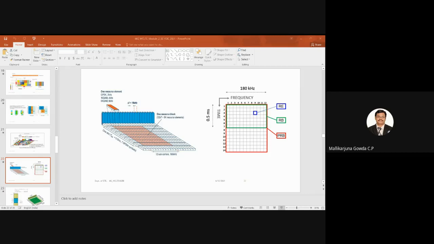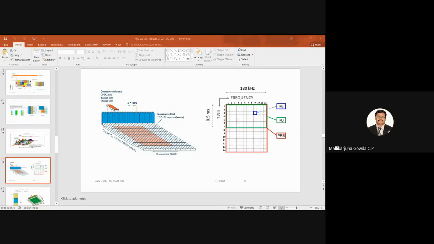So in one resource block, 12 into 7 means there will be 84 resource elements. Here it is shown clearly, right? So 84 resource elements will be given to one user. User equipment means a mobile. One resource block will be assigned to each user equipment. That is what you can understand.